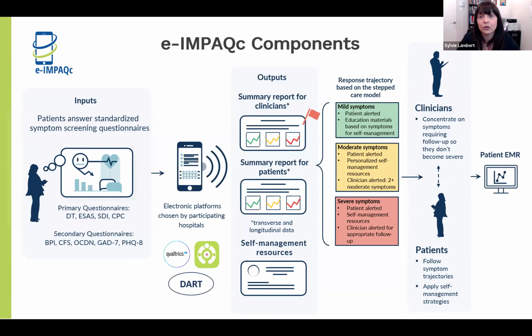There's one randomized control trial that has been done that looked at no PROMS, PROMS where the report goes to the clinician, and PROMS where the patient only receives the report. Both PROM groups were better than the no PROM group, but there was no difference between whether it was just the clinician that got the report or just the patient that got the report. So meaning that both were better than none.